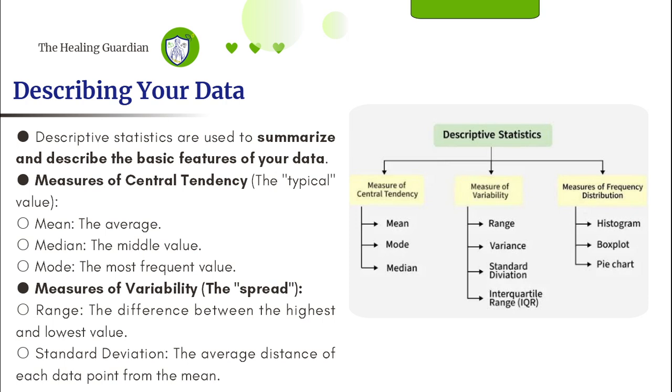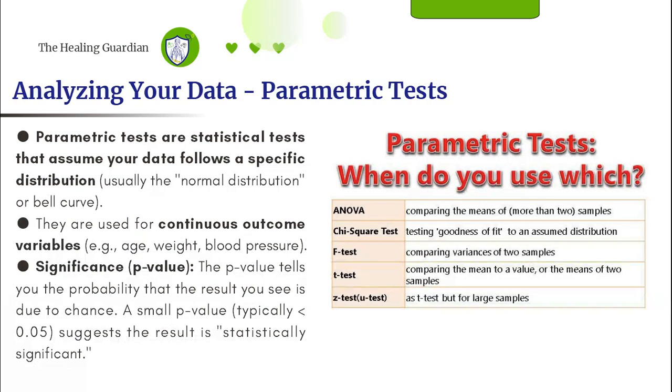First, summarize and describe the basic features of your data. You can measure the mean, median, mode, or the range and standard deviation, or you use charts: histograms, box plots, pie charts. After describing it, then you go to the analysis, to the tests.